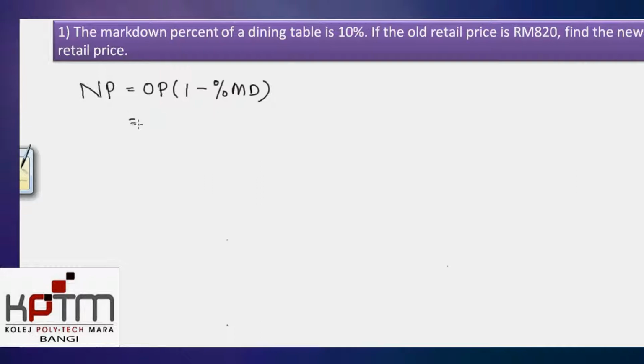Old selling price is 820 ringgit multiplied by 1 minus percent MD, which is 10% or 0.1. Therefore, 820 ringgit multiplied by 0.9. The new selling price is RM 738.